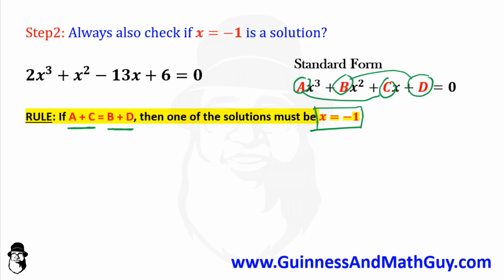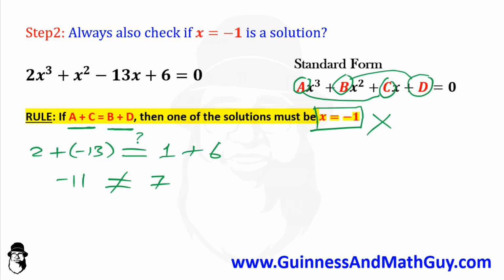So let's check. A plus C is 2 plus minus 13, and let's see if it is equal to B plus D, that is 1 plus 6. So here we have minus 11 and here we have 7. So they are not equal. It means x is equal to minus 1 is also not our solution.